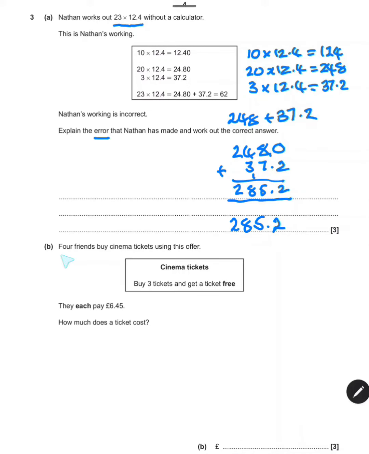Part B, we've got 4 friends buying cinema tickets. They each pay £6.45. So I'm going to do that calculation first. We've got 4 lots of £6.45. Now what I'm going to do, use my grid method, do 4 lots of 645 pence.